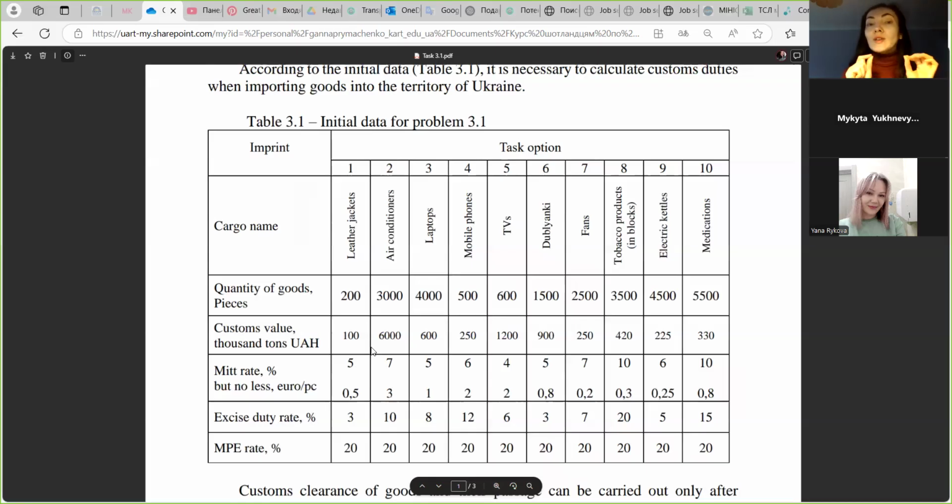We need to divide this parameter in percent by 100, and for the first variant multiply by 0.05. For the second variant, we multiply by 0.07, and for other variants, the same situation: we divide this value in percent by 100. Please calculate.